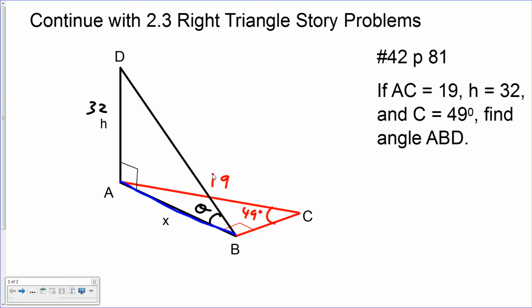What I want to do is look at the red triangle and use the information there. I have an angle, 49, I have the hypotenuse, I'm looking for the opposite side. So therefore, I'm going to use my SOHCAHTOA at this point. Sine of 49 is equal to x over 19.